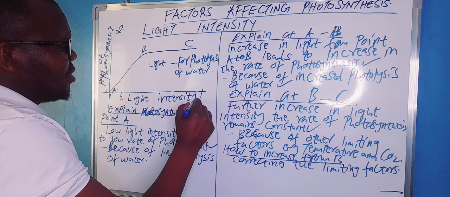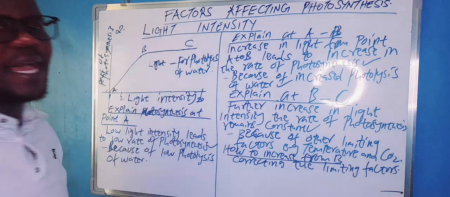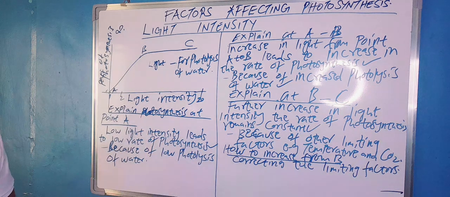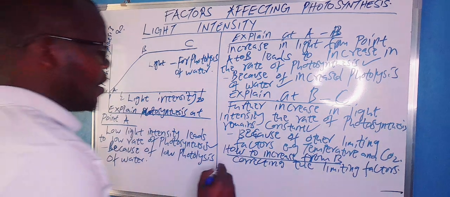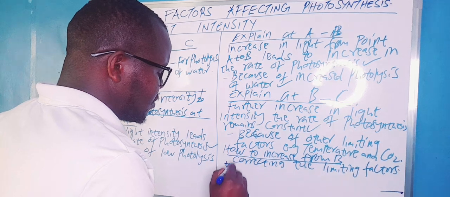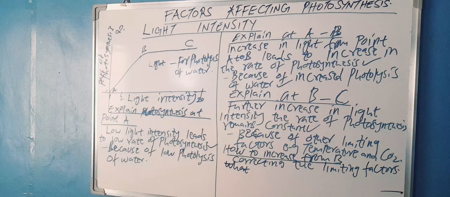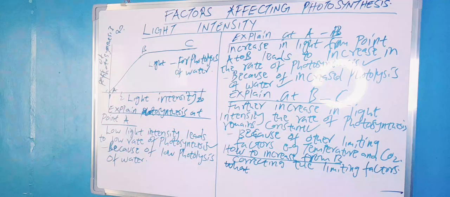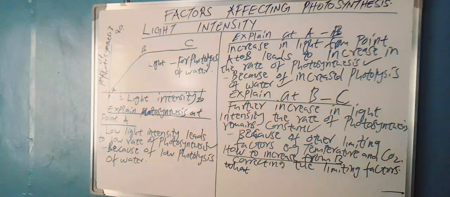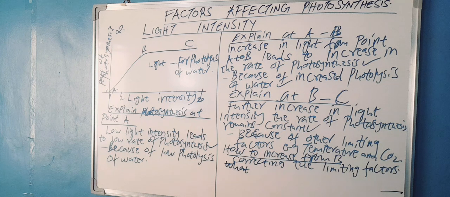Let's take an assumption that this one was at 20 arbitrary units of light. What will happen at 30 arbitrary units of light? What happens? Too much light. What happens in case we have extreme light intensity?